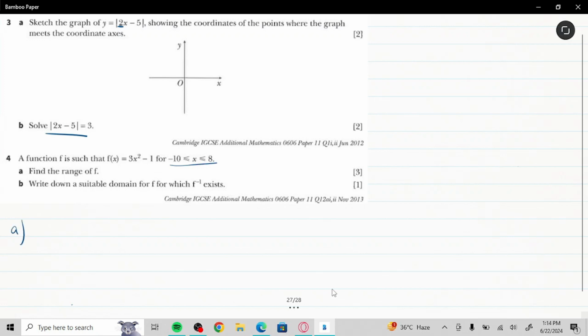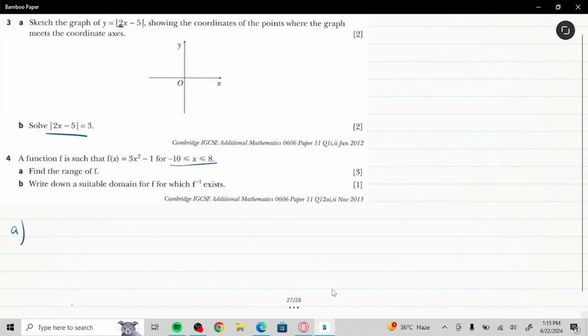Now we have to find the range of f, meaning for these set of input values, what is the highest and lowest value we can get out of the function. We could have done minus 10, minus 9, and found the output for each of the domain values, but that would be really lengthy because from minus 10 till 8, there are approximately 18 or 19 values. It's a lot. So what can we do?